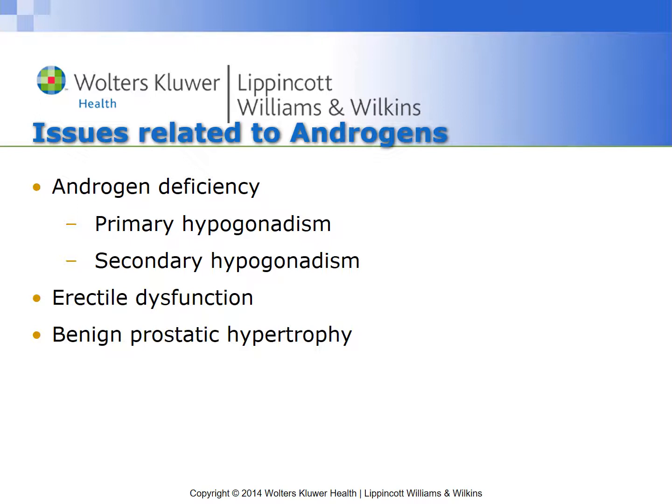And primary hypogonadism is related to a testicular disorder or trauma of that area. And secondary problems are from the hypothalamus and the pituitary regarding the production of testosterone. This can be caused by tumors in that area or any other kind of chronic disease that causes issues here.